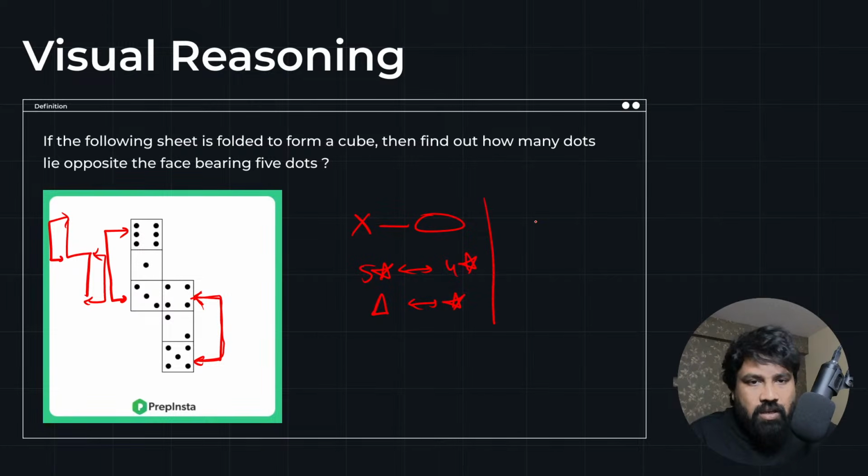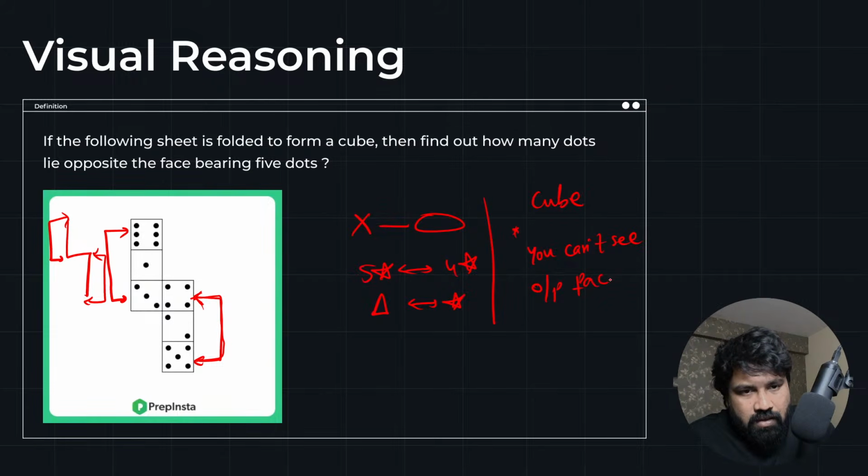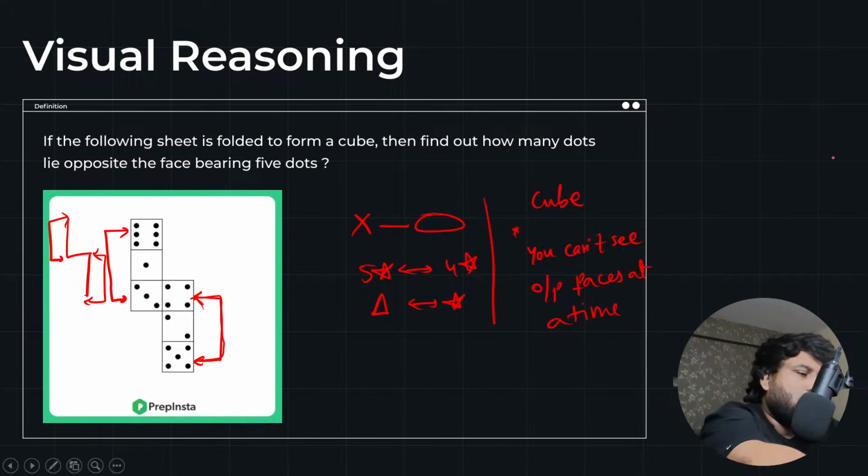So remember, guys, when you want to find the cube, remember the shortcut that you can't see opposite faces at a time. That means, for example, imagine you are taking your phone. Take this power bank, for example.